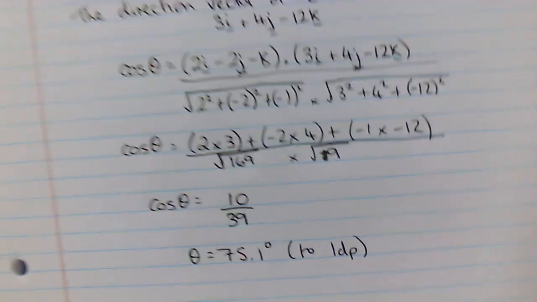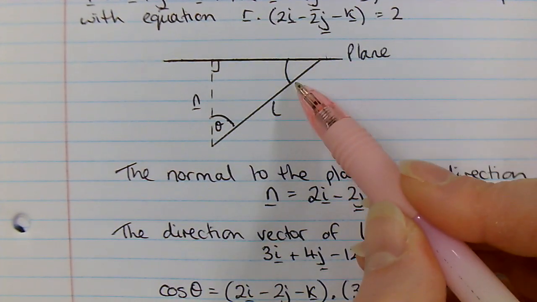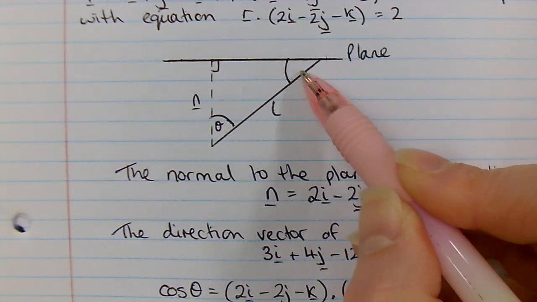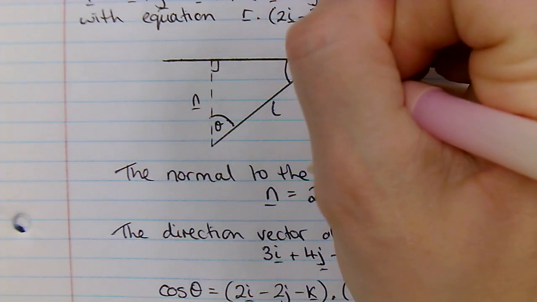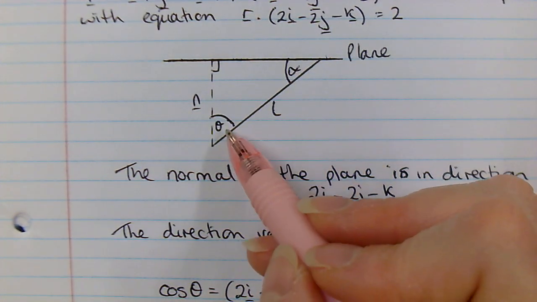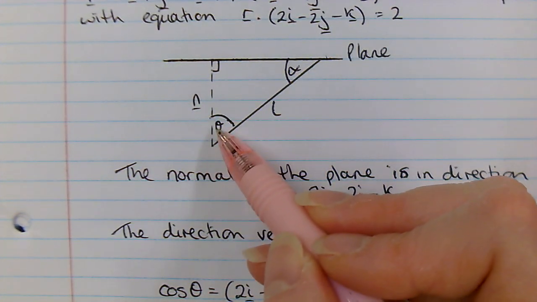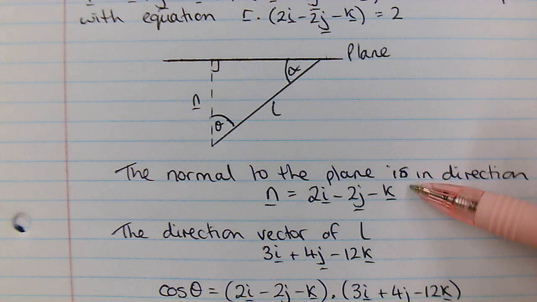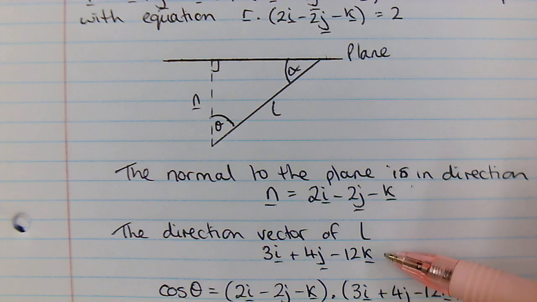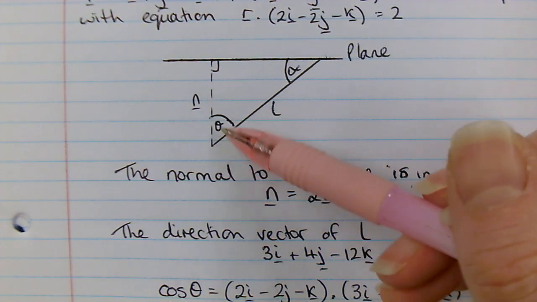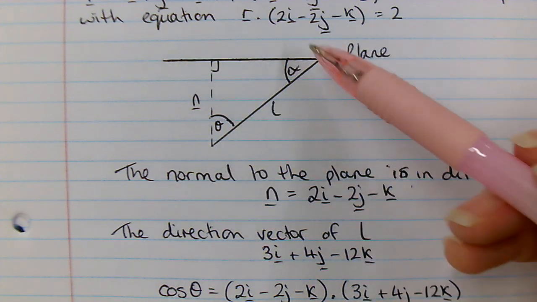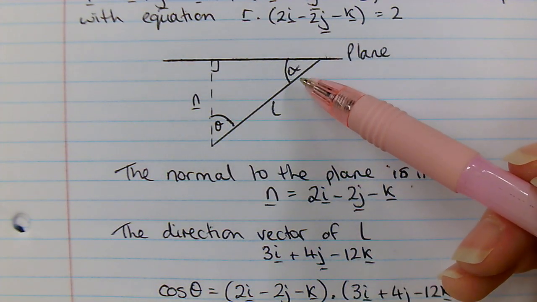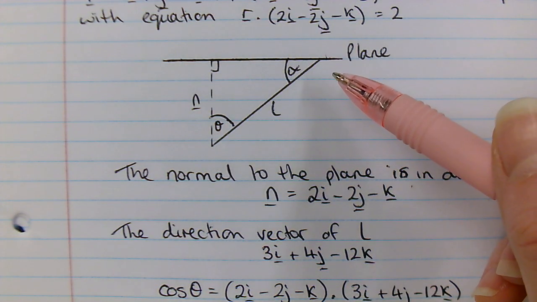Now remember, that isn't the angle between the line and the plane. This is the angle we actually want. Let's call it alpha. This angle that we've just worked out used the normal vector direction and the direction of the line L. So now we can use angles in a triangle to work out the angle that we want.